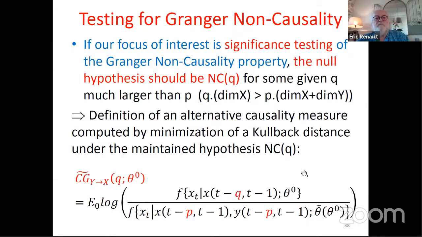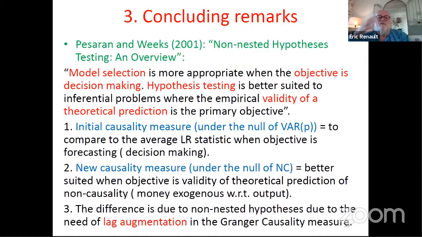Okay, let me briefly conclude. So we have been led in this last story to looking at testing for non-nested hypotheses. It has been criticized in the literature because, generally speaking, with non-nested hypotheses, there is no kind of symmetry, no way to think about it.